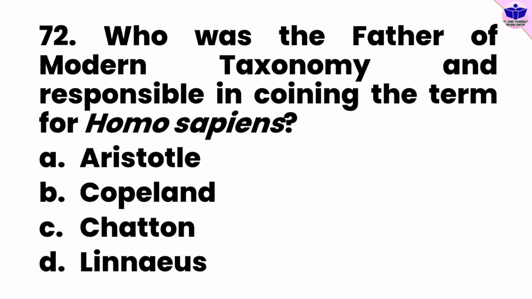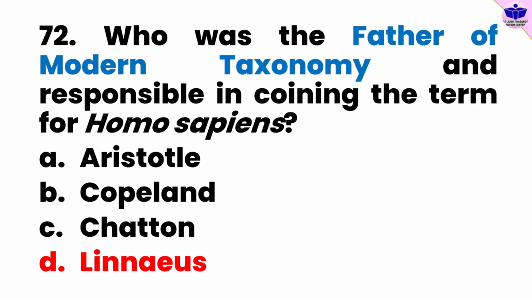Number 72. Who was the father of modern taxonomy and responsible in coining the term Homo sapiens? A. Aristotle, B. Copeland, C. Chatton, D. Linnaeus. So, who is the father of modern taxonomy? The answer is, yes, correct, it is Linnaeus.